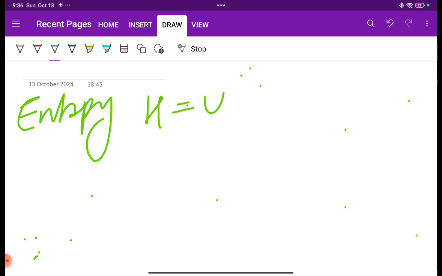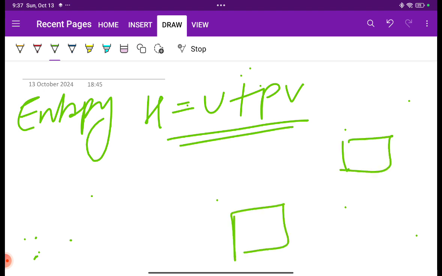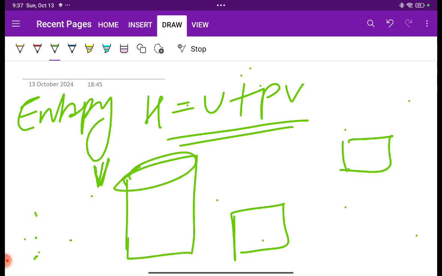H is equal to U plus PV. Now there are two places. No matter what you do, from wherever you reach that height, always the same energy is lost. So if you see volume, no matter what you do, it doesn't depend on the path, volume also, since we need to reach the same point.